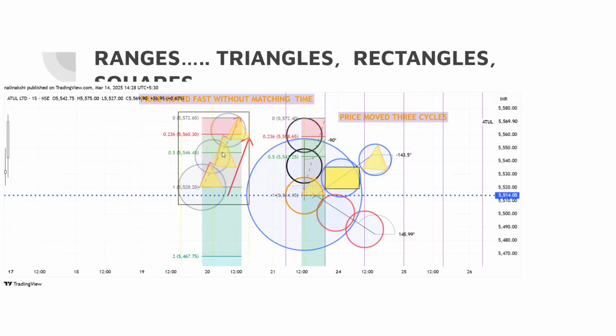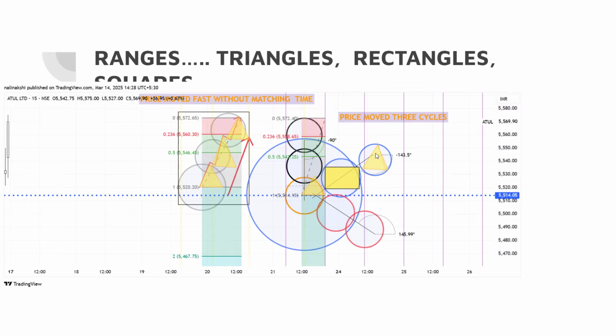You might have seen 200 to 300 points or 400 points, but it will be a measured move. Measured 3 cycles. And you might have seen price taking time. Even though it is bullish, it spikes up and goes sideways. It spends time and then spikes up.